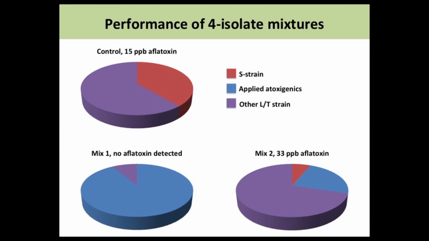This was based on the culturing, the vegetative compatibility analysis. And in the controls, we had a lot of S strain, which again is the highly toxigenic Aspergillus flavus, and quite a bit of other Aspergillus flavus, but we didn't see any of the applied strains in the controls.